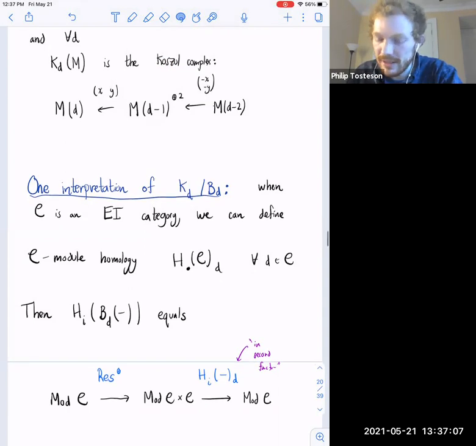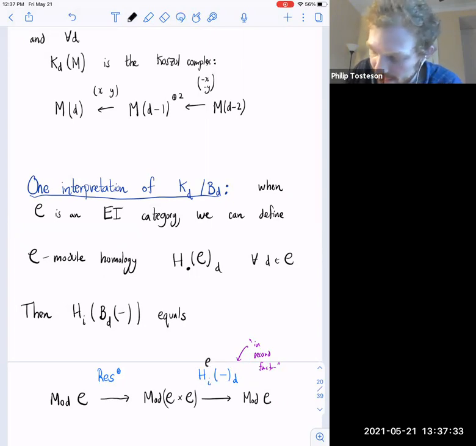And it turns out that what BD or KD computes is the functor where you first restrict to C times C modules along the symmetric monoidal functor, and then you apply C module homology.